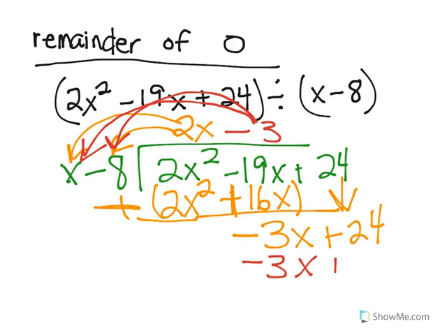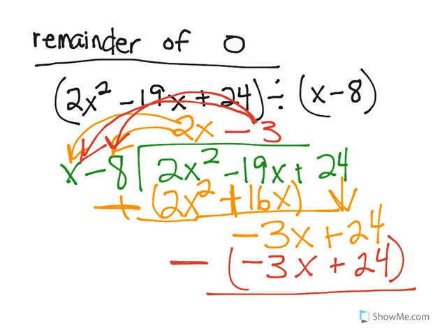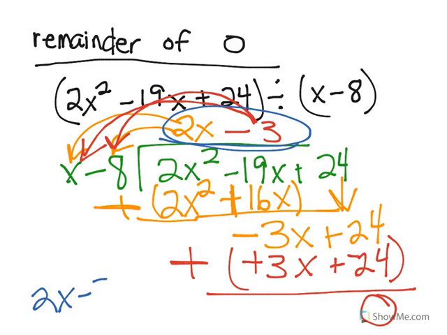Negative times a negative is a positive 24. I write that underneath my dividend, and then I subtract. Minus a minus, change the opposites, so we end up with a remainder of 0. And our final answer then is 2x minus 3. 2x minus 3 is my quotient.